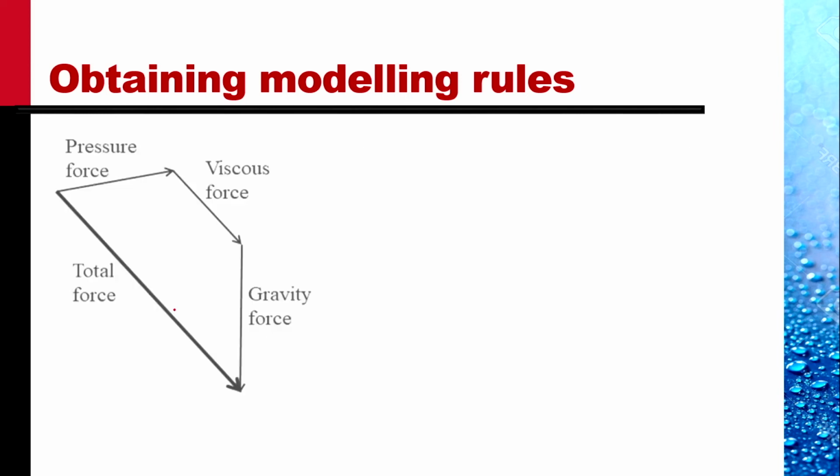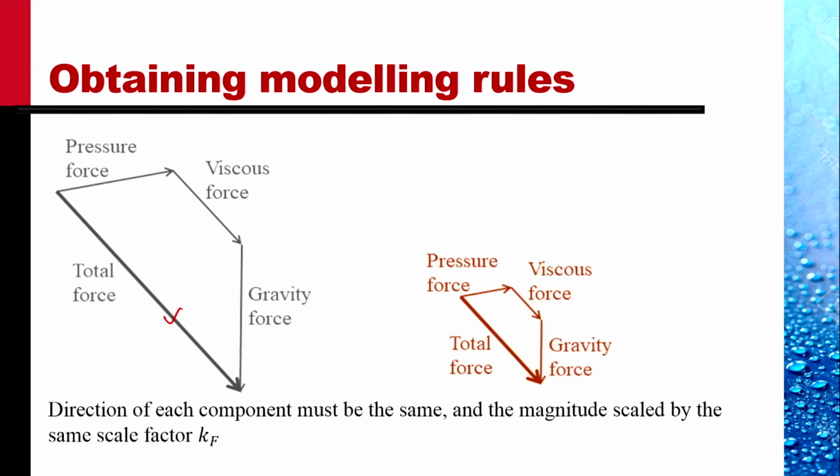So if this was the total force, which was made up as a sum of three component forces added vectorially, the pressure force, viscous force, and the gravity force, if this was the picture in prototype, then the picture in the model should be the same.